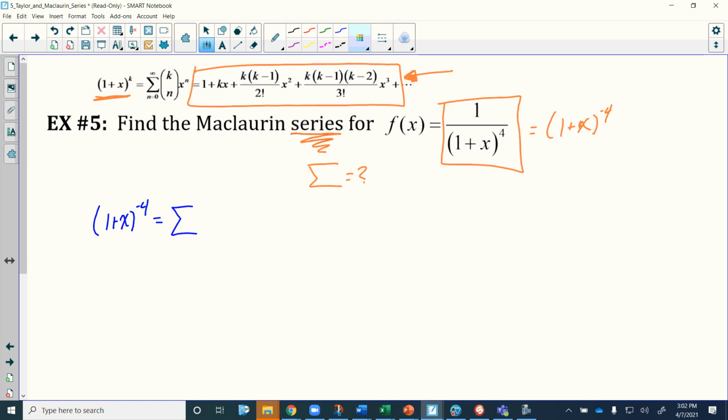So we're looking at the expanded series where k is negative 4, and n is the number of terms we're looking at, and here we're multiplying it by x to the power of n.